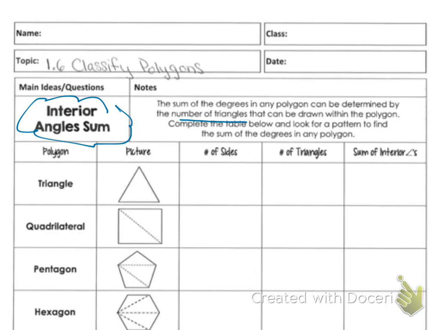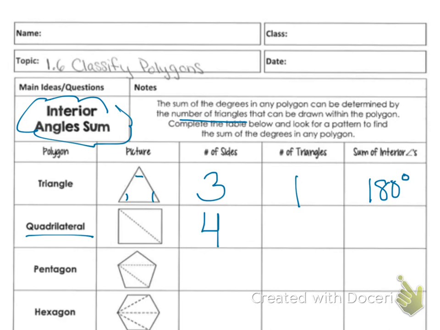So a triangle, right, is something with 3 sides. It's a polygon with 3 sides. Inside a triangle, there is 1 triangle. All right, now we will get into this more, but when you have 1 triangle, your sum of all your angles is 180 degrees. For a quadrilateral means you have 4 sides. All right.